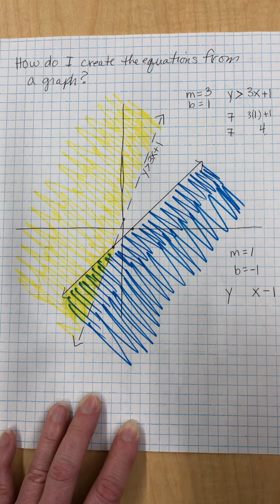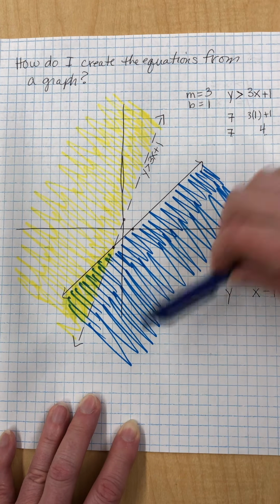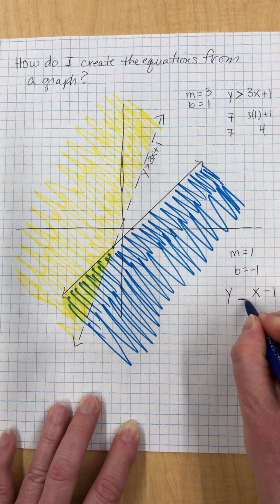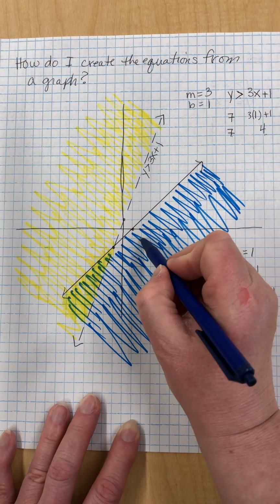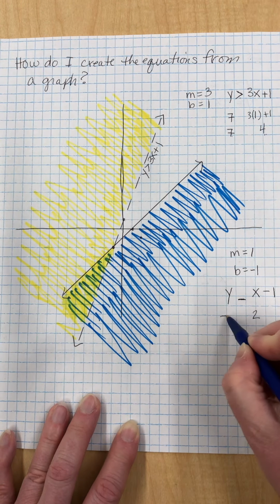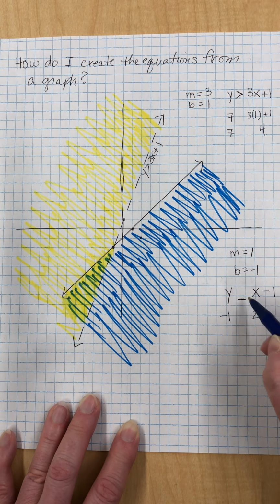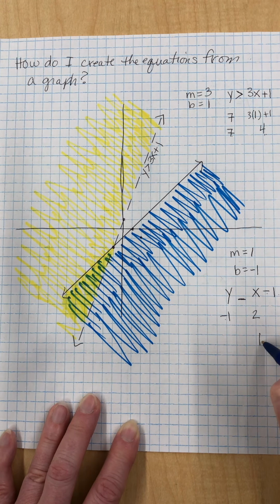Now again, if you're not sure if this is going to be less than or equal to, remember it's also an or equal to, so let's put that line in, then take a dot from the shaded side. So let's take this one right here, 2, negative 1. So x is 2, y is negative 1. If I do this, 2 minus 1 is 1. Is negative 1 greater than or less than positive 1?